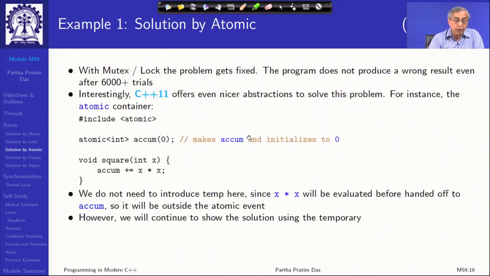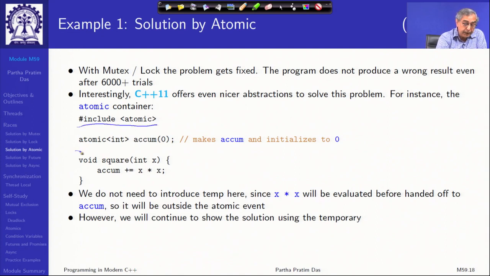The third solution is what we have seen in the last module also, that you have a component atomic by which any variable which needs to be updated in a critical section, or needs to be updated safely by multiple threads, can be declared as atomic. So, I am again explaining that.